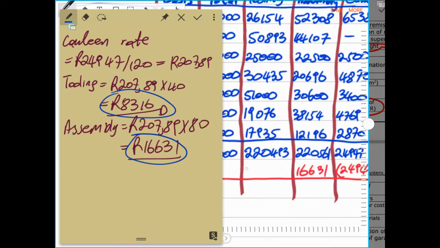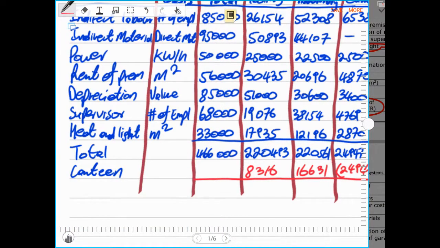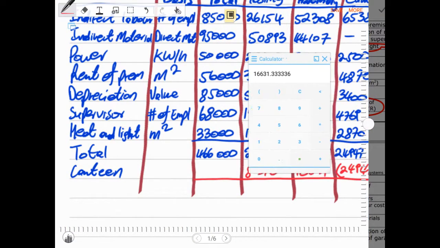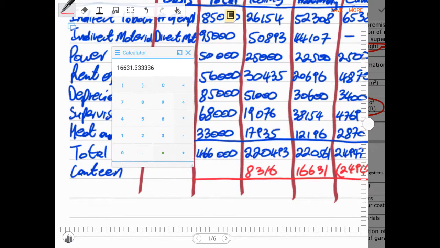$16,631, and we have 8,316. Then after, now we add the two. We have 16,631 plus 22,561, which is the total amount just above.